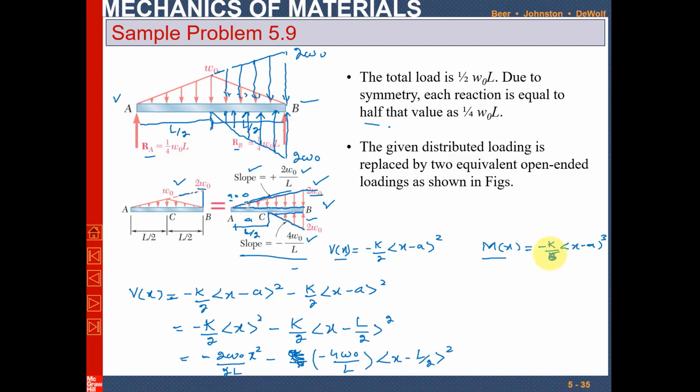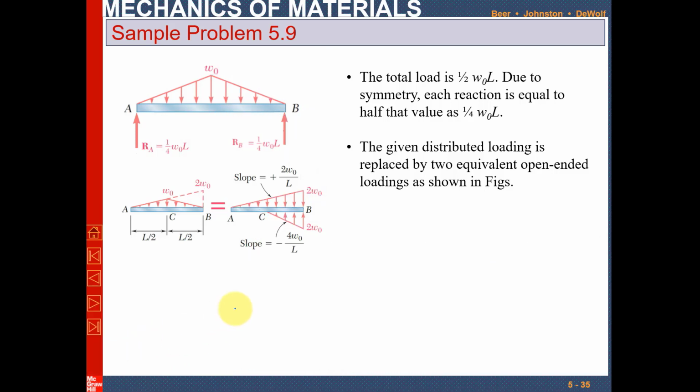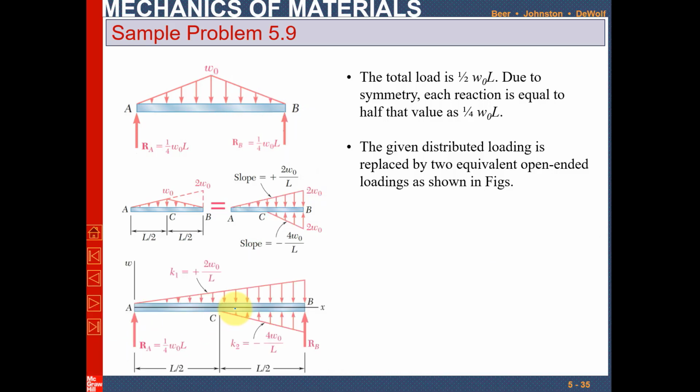Similarly, you can also find out the bending moment equation for this beam. Let me show you this. Let me clear all these values. So you can see that now the beam will be this. This is how this load has been converted into this.